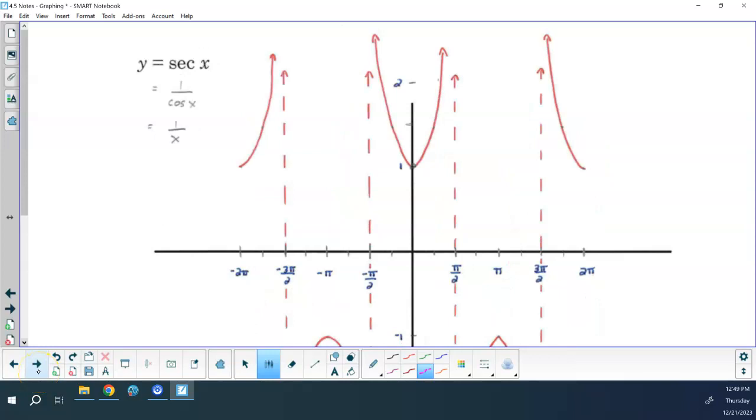Secant has vertical asymptotes at the pi's over 2's. Because that's where cosine is 0.